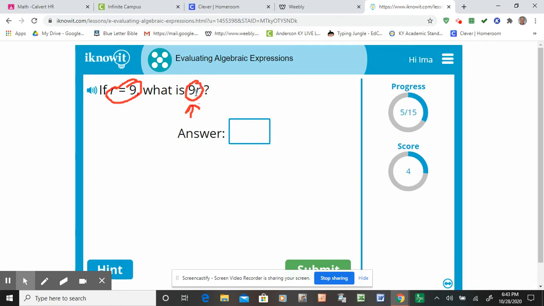So it means 9 times r. Well, how much is r? Well, we just found out that r is 9. So this would be 9 times 9. And you know that 9 times 9 is what? It's 81. Okay?